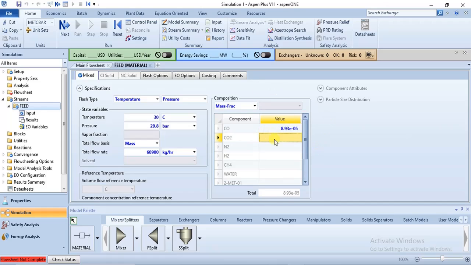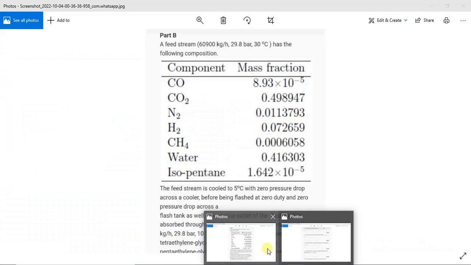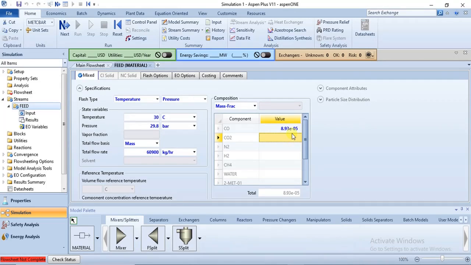When you are typing a value that was given as a power of 10 into the software, you use E. So 8.93 times 10 raised to power minus 5 is typed as 8.93 E minus 5. So that's how you do it.